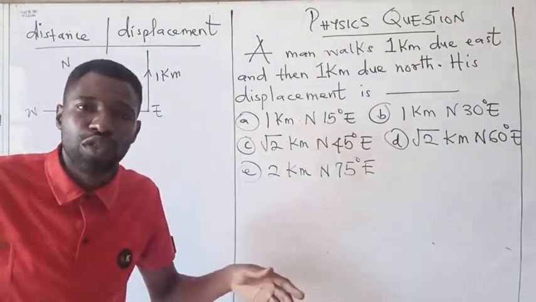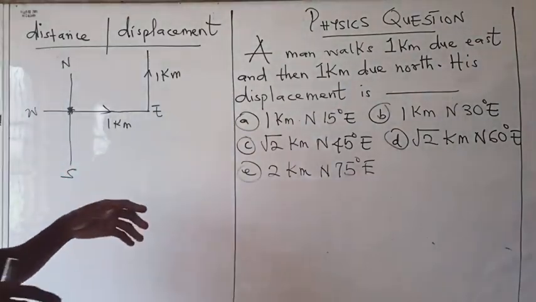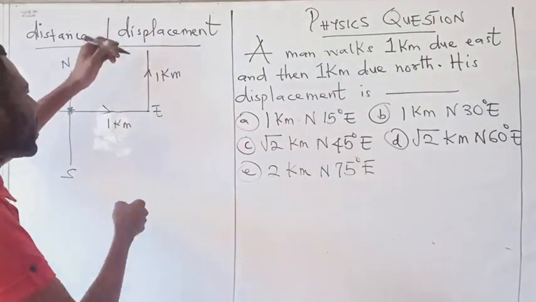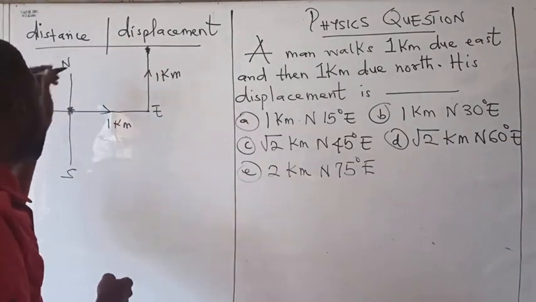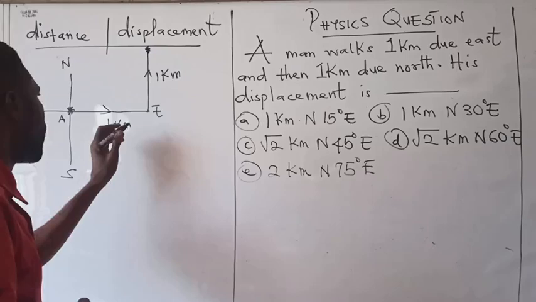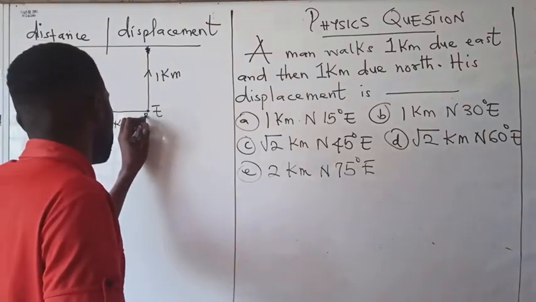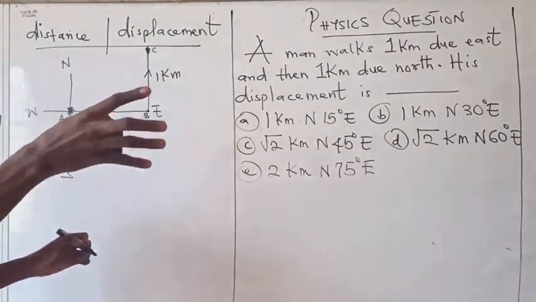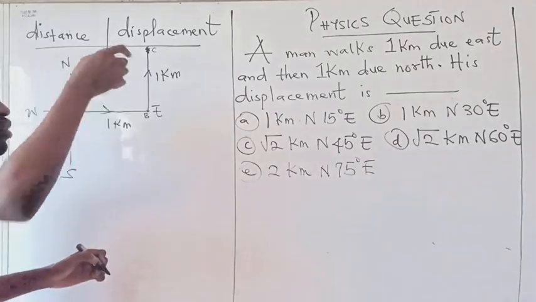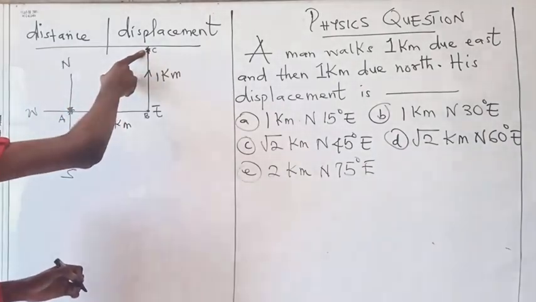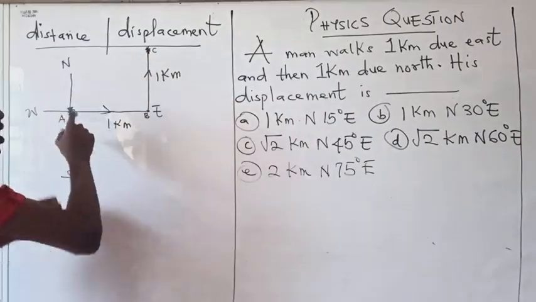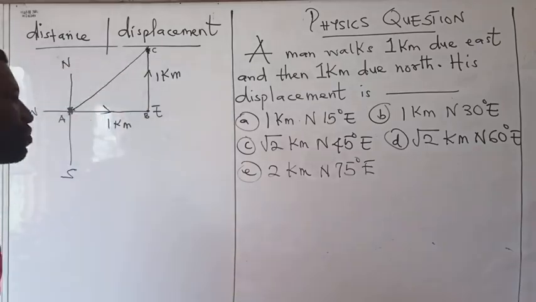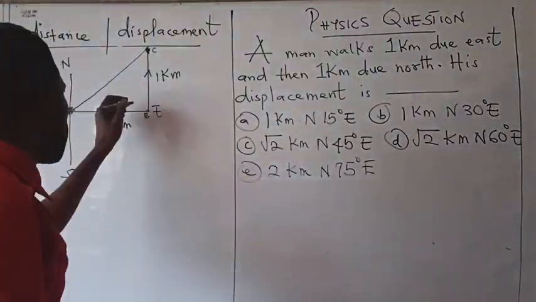Let's call the starting point A, the point we go to point B, and the final position point C. So the total change in position, from its final position to its initial position, should give us the displacement. So how do we solve this?